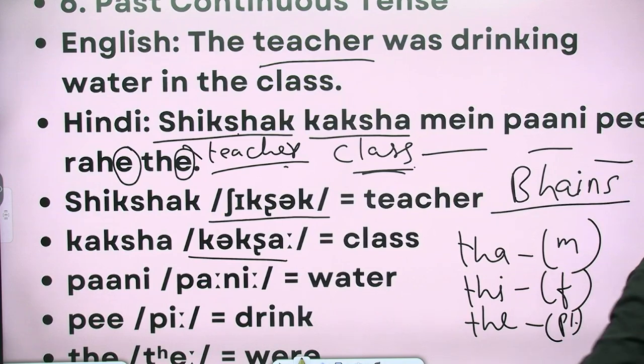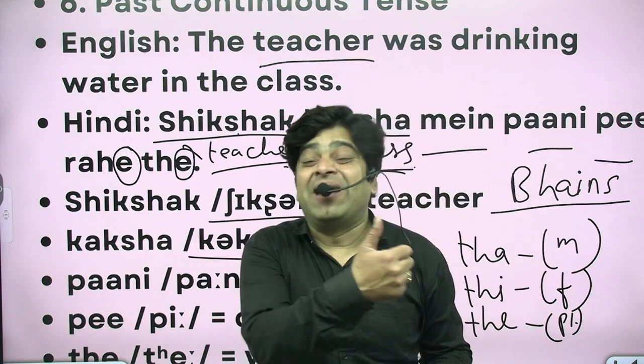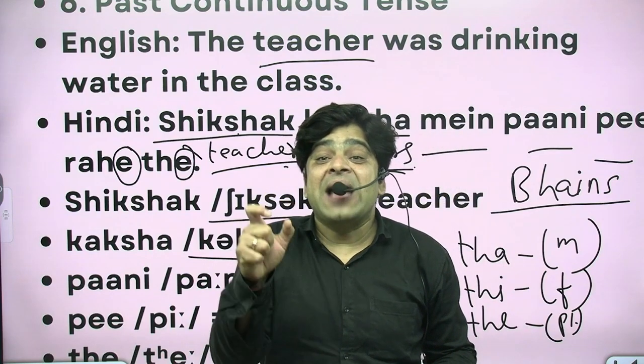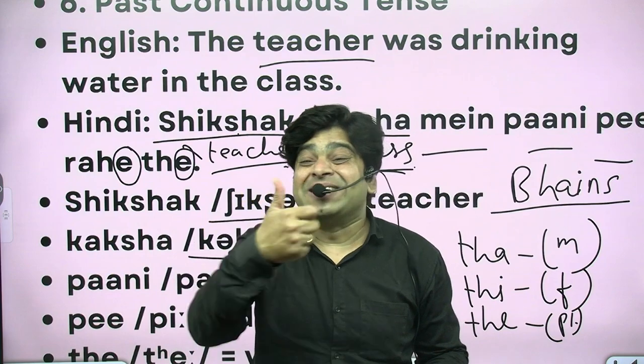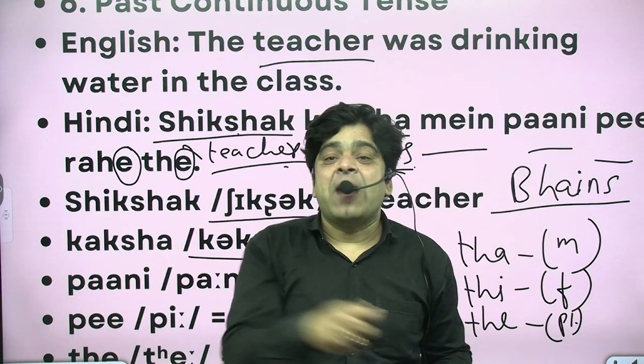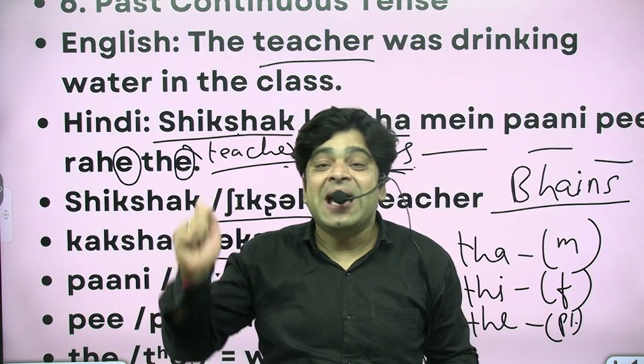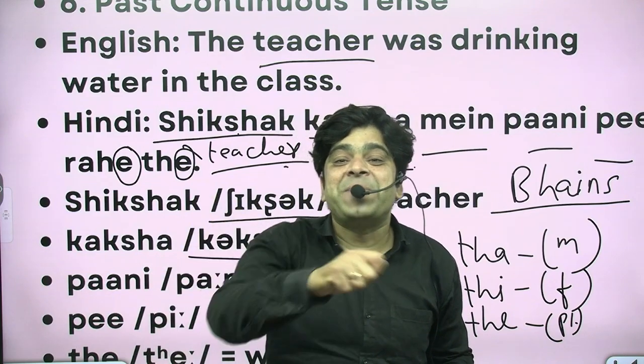So, a bhais, a buffalo was drinking water. Bhais, pani, pi. Now, buffalo is a female, so rahi thi. Bhais, pani, pi rahi thi.